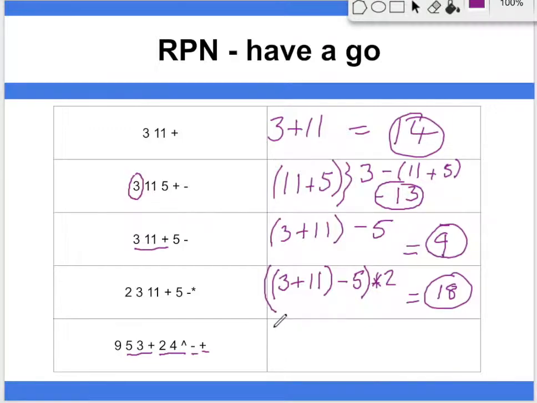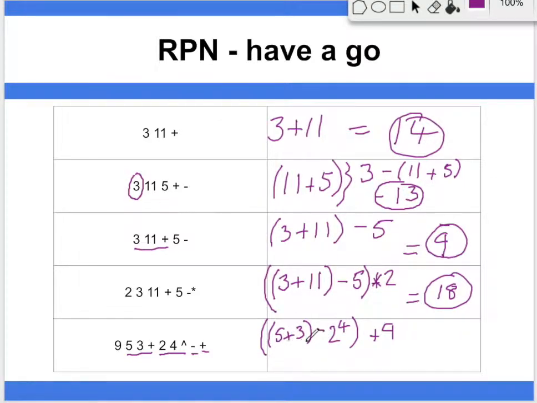So this one's going to be 5 add 3, and then it's going to be subtracting 2 to the power 4, and then that's all added to 9.